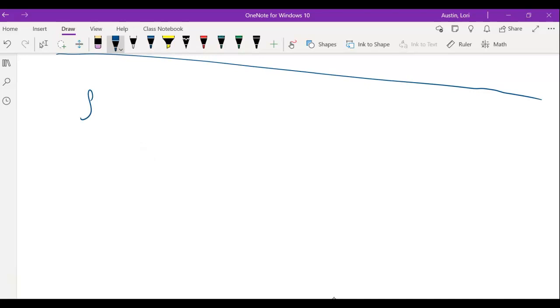Let's do the integral from 0 to pi over 2.